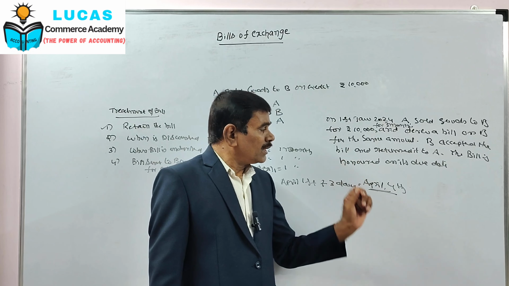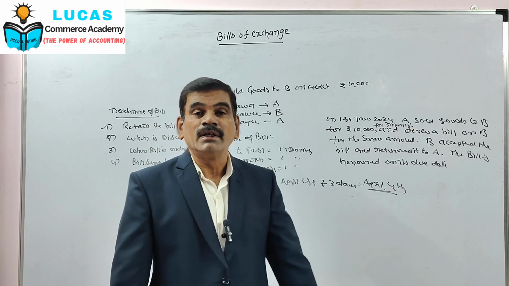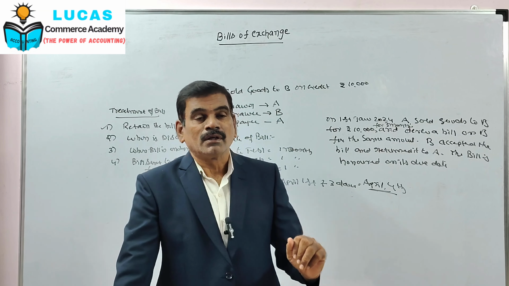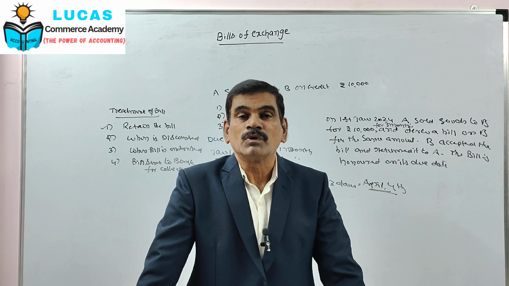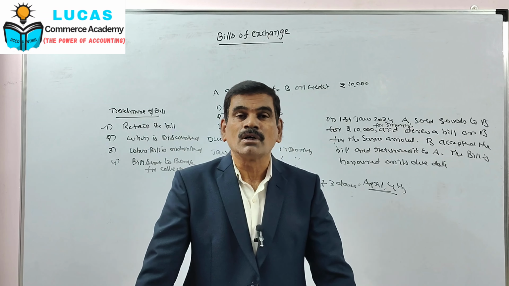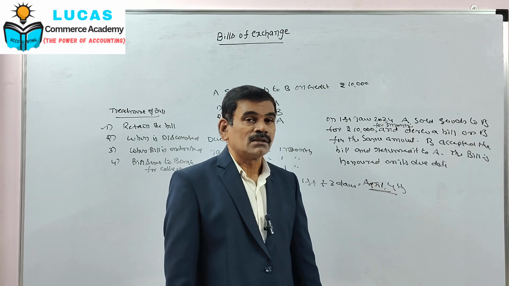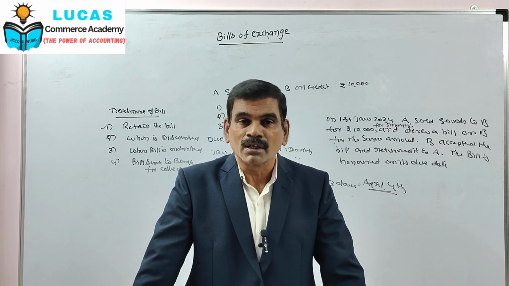Next, the third entry, when bill is honored on April 4th. On April 4th, when bill is honored, we are receiving the amount from B. So cash or bank account debit to bills receivable account, not to B's account. So these are the three journal entries to be passed in the books of the drawer.